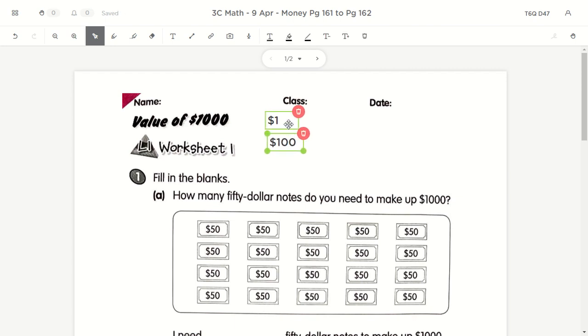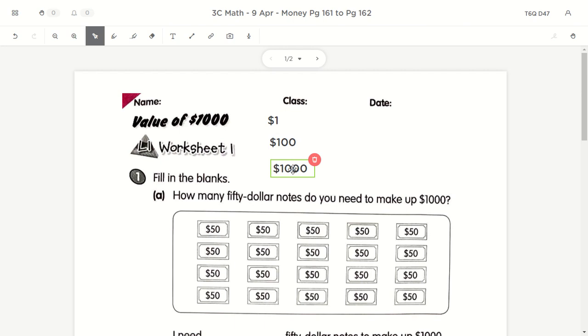So we know that $1 is smaller, $100 is a lot of $1. It's like 100 times of $1. And now in P3, we learn further, we learn about the value of $1,000. So you can see the progression here. You have $1, which is the smallest of the three, followed by $100, which is more expensive, and $1,000, which is the most expensive over here.